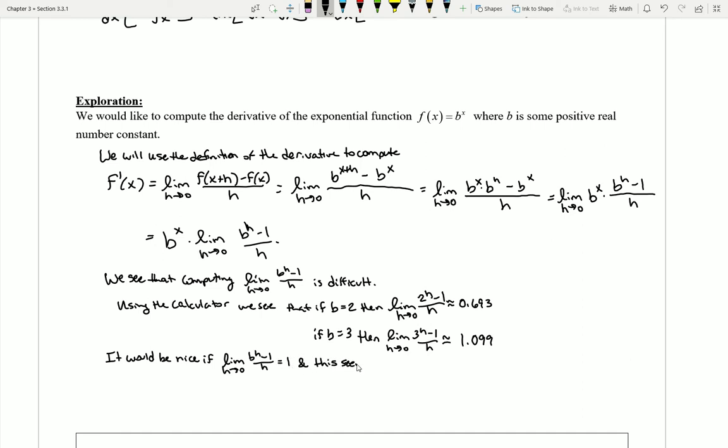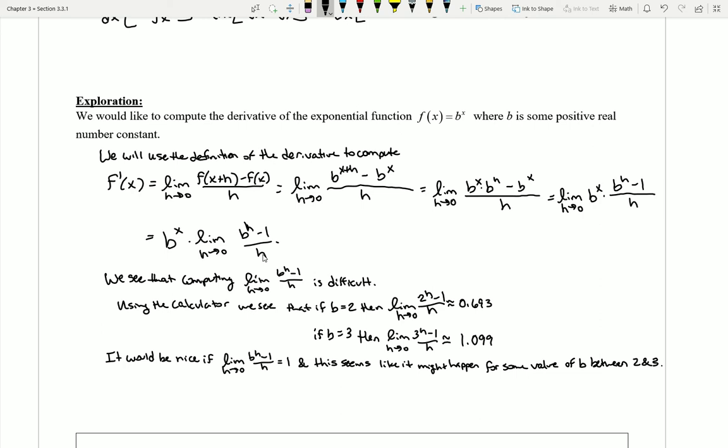And this seems like it might happen for some value of b between 2 and 3, right? Because when I used a 2, I got something a little bit below 1, and when I used a 3, I got something a little bit bigger than 1. So if this limit was equal to the number 1, that would be really great. It would make this limit super easy to compute.